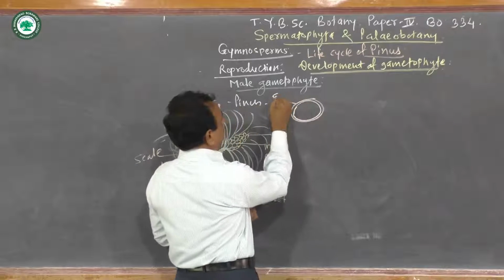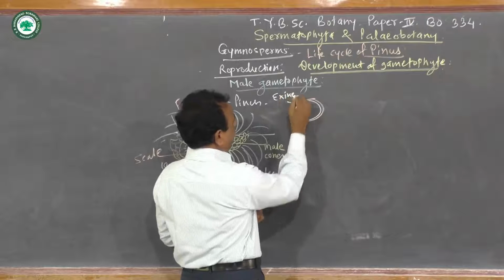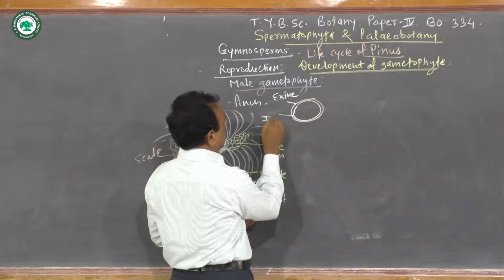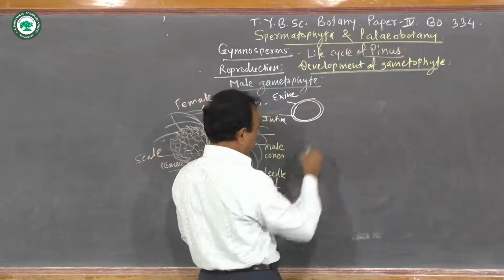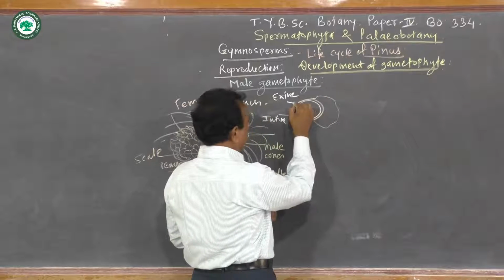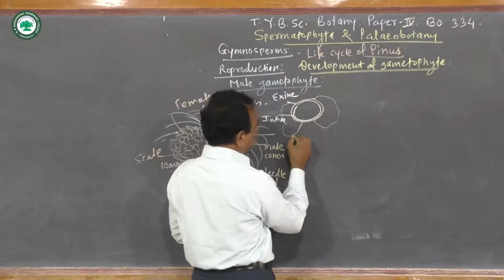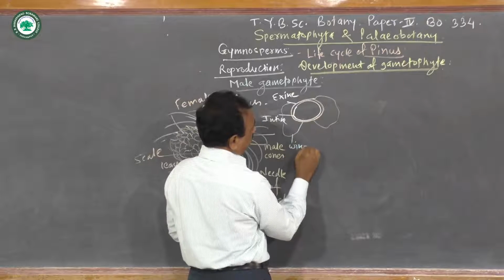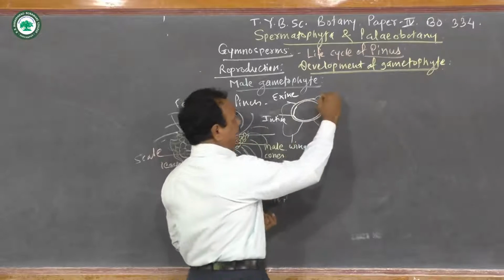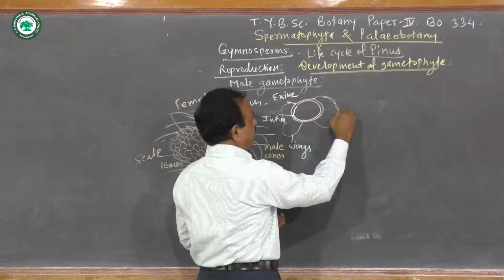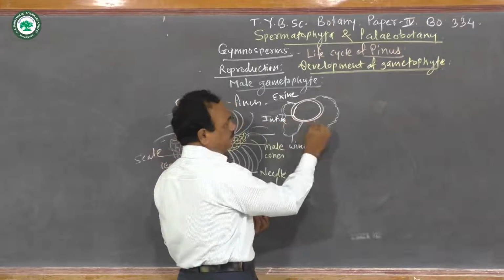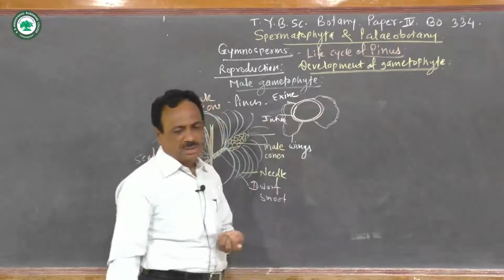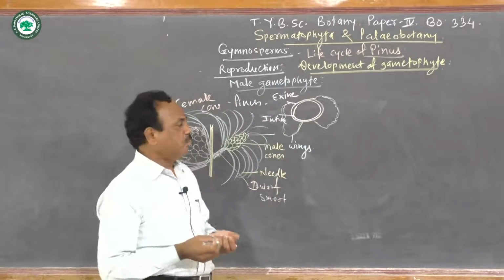So this is the exine, and this is the entine. And it shows the presence of two wings. These wings show a wavy sculpture at their periphery, and they are very important for the pollination.